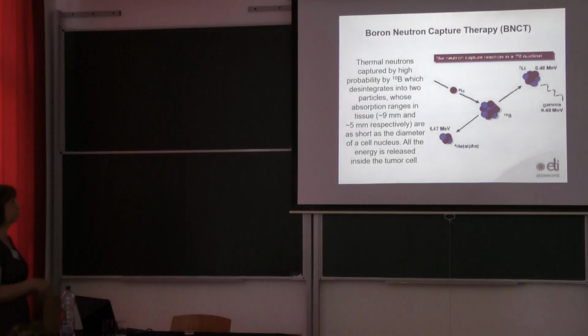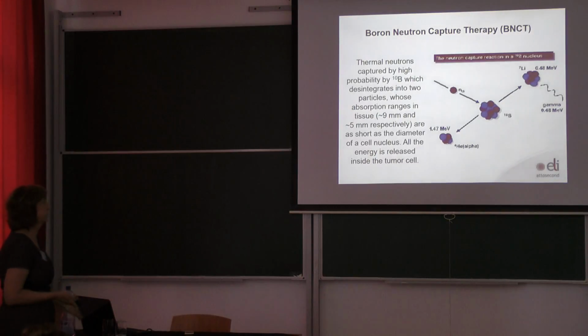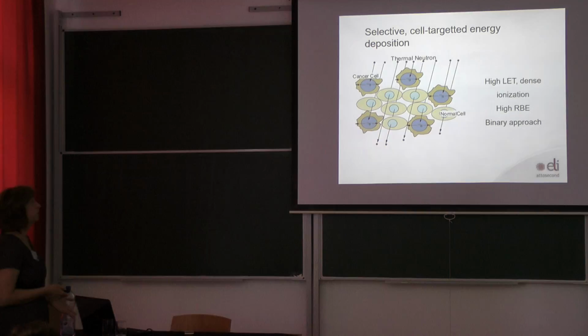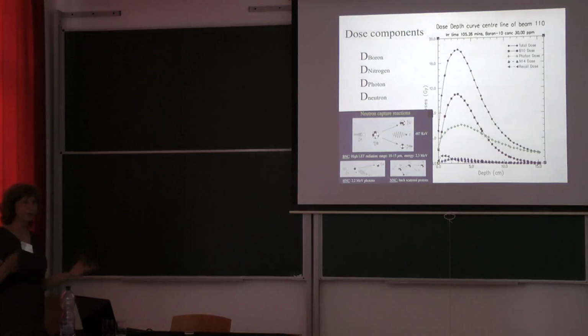But if it captures the neutrons, it disintegrates into a helium alpha particle and lithium, and it gives its energy within some micrometer range corresponding to the cell diameter, so we can consider it as a selective, cell targeted energy deposition with very densely ionizing properties, with very high RBE, and it is a binary approach.